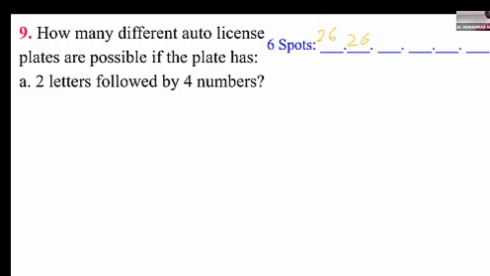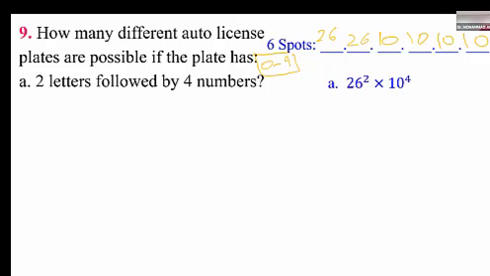Now, 4 numbers. Numbers can go from 0 to 9, and 0 to 9 means 10 digits. And that's why it's 26 squared times 10 to the power of 4. Needless to say, everybody can do the math. I just want to show you how we arrive at it.